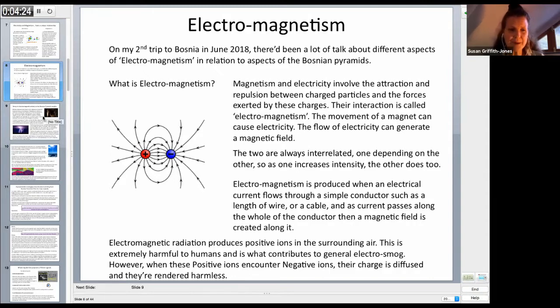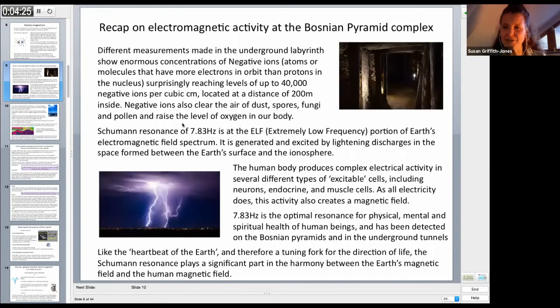And if you'll remember from the first session that I gave on the Bosnian pyramids, we learned about the incredible amount of negative ions that are present in the underground labyrinth at the Ravne Park at the Bosnian Pyramid complex.